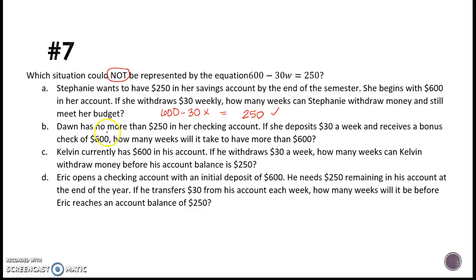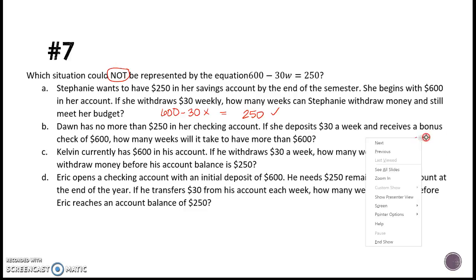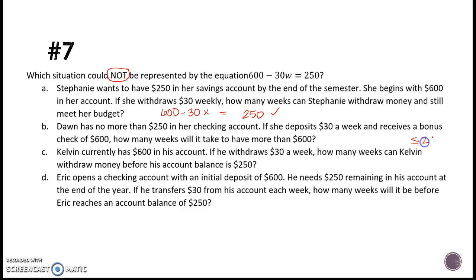Next one. Dawn has no more than, so no more than is less than, but they didn't say anything about equal to, so less than or equal to $250 in her bank account.